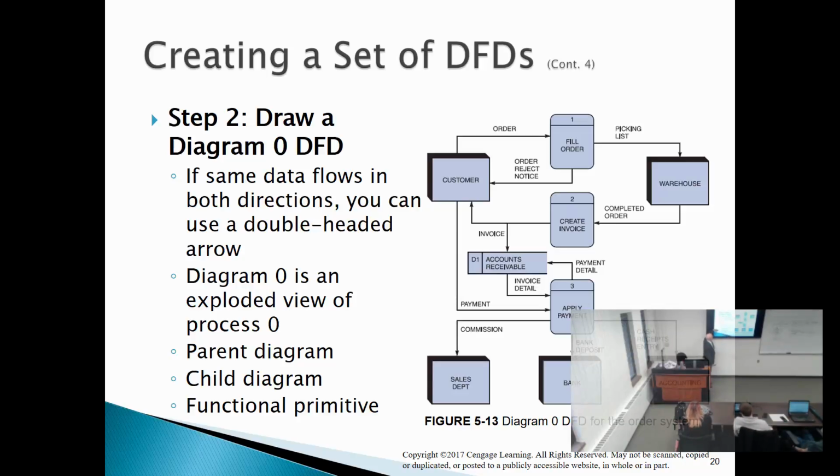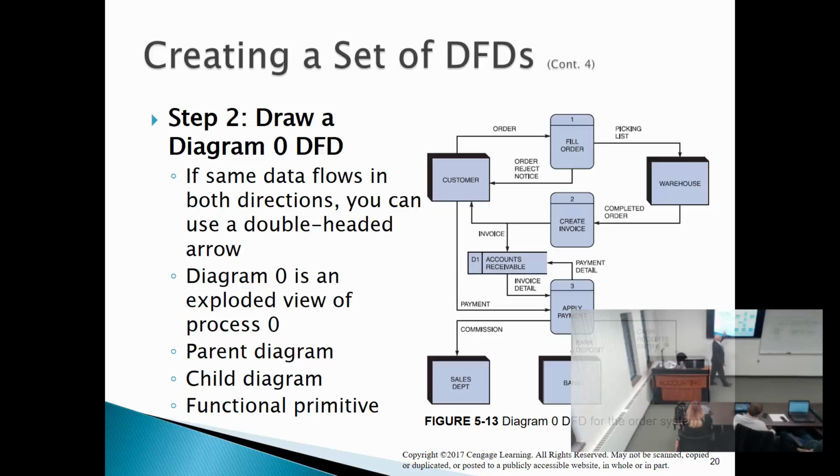So, the diagram above it is called the parent diagram. And so the parent of this diagram is the context diagram, and this is the child of the context diagram.